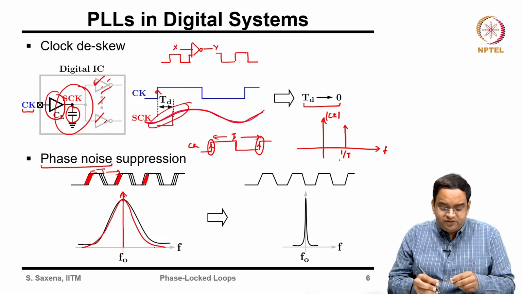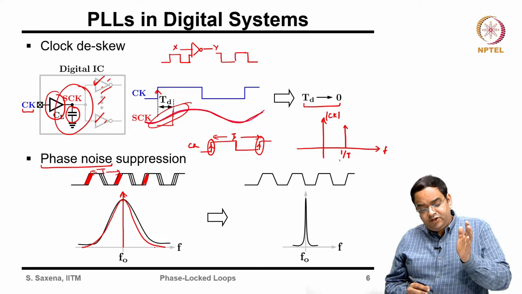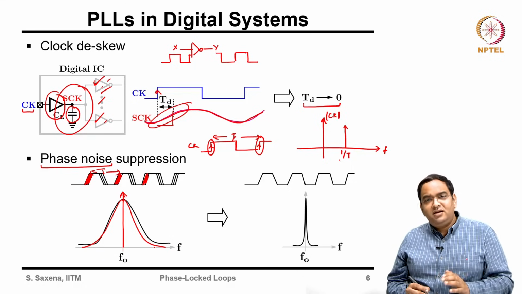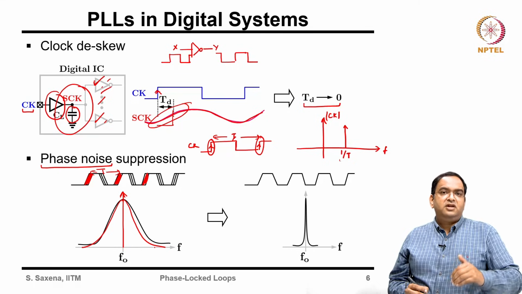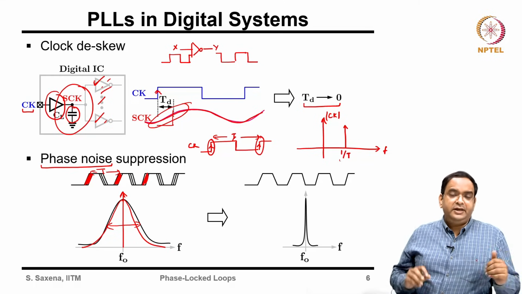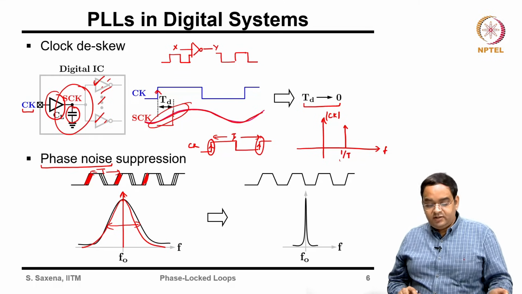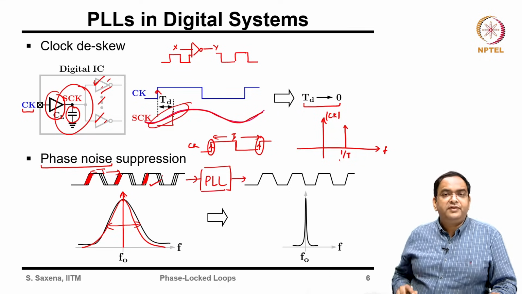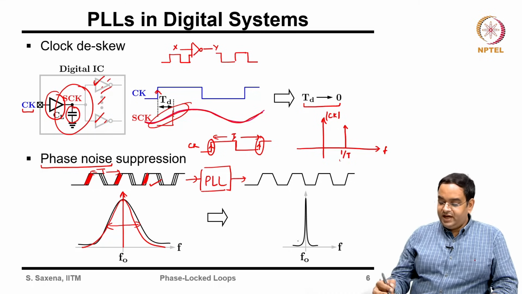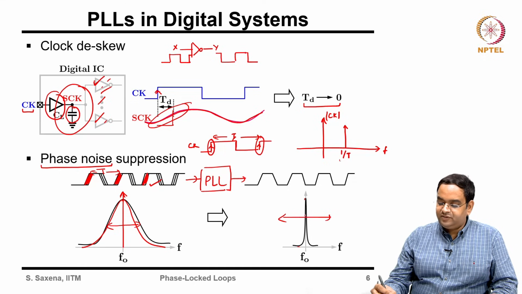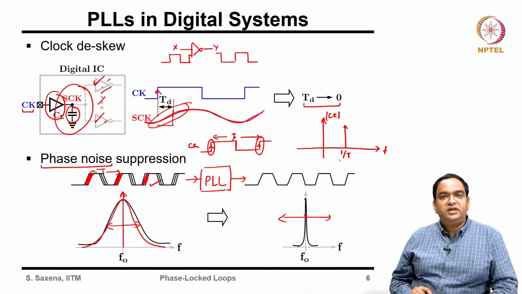Here the corruption means that the rising edge of the signal is not coming at the same rate, it is getting changed, which in the frequency domain appears as a spreading of the signal. So, what the PLL block does is, you connect a PLL and you will get rid of this noise and your signal will become quite clean. The spread of this gets minimized to this. That is what the PLL does.